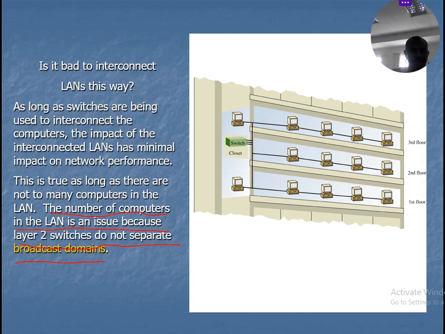Okay, now we ask a very sarcastic question here. Is it bad to interconnect LANs this way, with this kind of horizontal connection? It's not the best, but it is still possible.